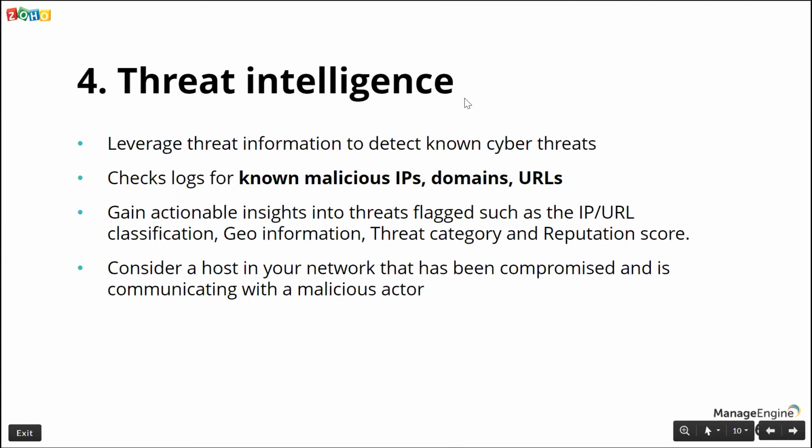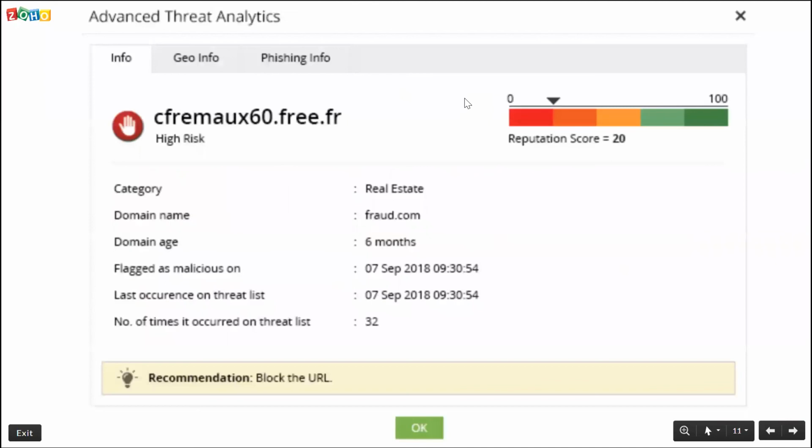If there is malicious communication detected with a domain or callback server that is known to be malicious, the threat intelligence can immediately flag that communication and notify you. And in our solution, because we have a very strong threat intelligence platform, we give you deeper insights into the threats that have been flagged.